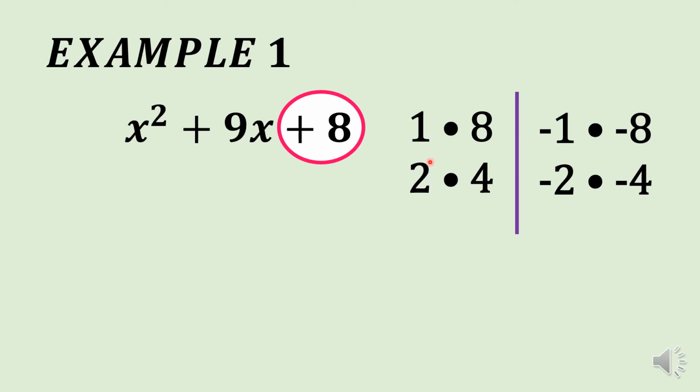Okay, so after finding all the factors of positive 8, the next step is to focus dito sa ating second term, which is positive 9. Ngayon, maghahanap tayo dito sa mga factors ng 8 na kapag plinas natin, pag kinuha natin yung sum, ay magbibigay siya ng positive 9.